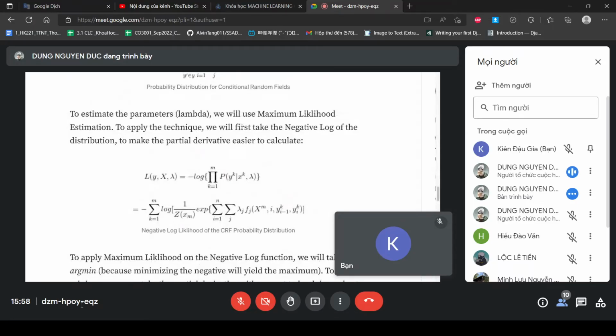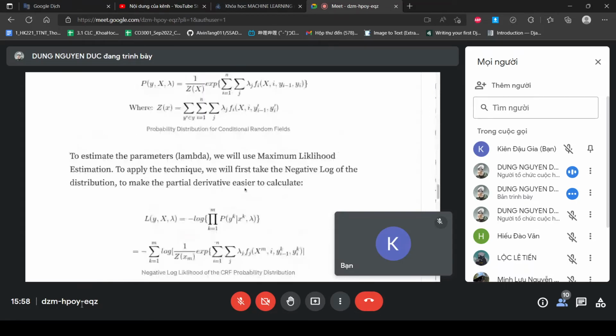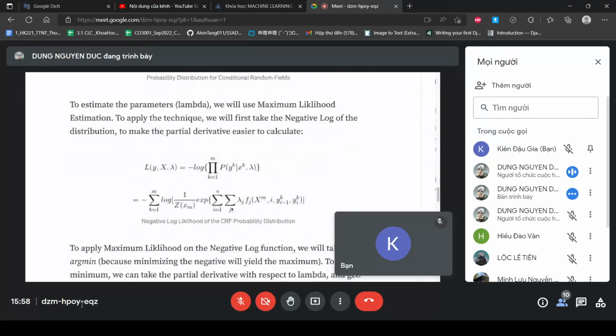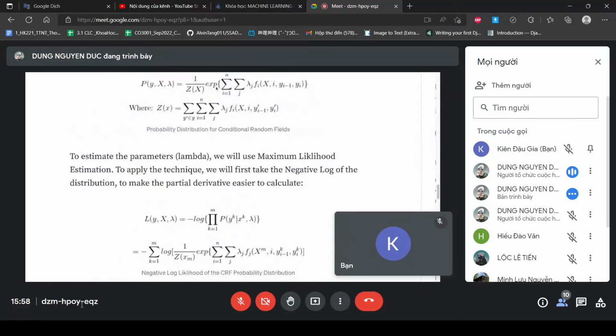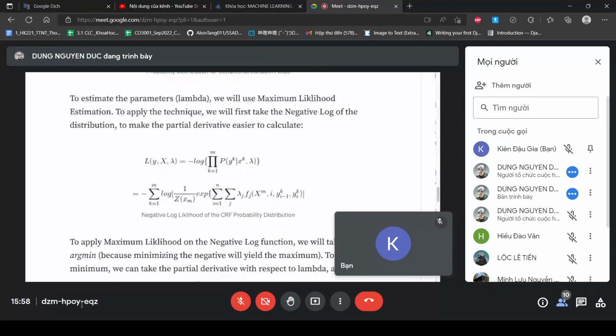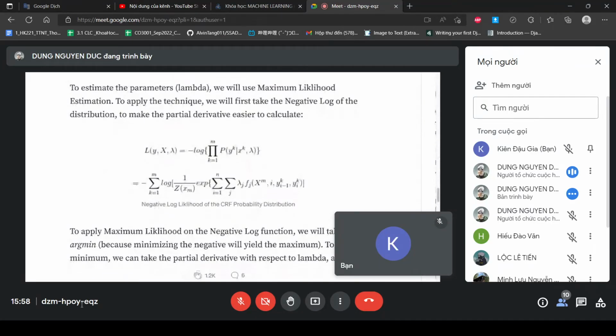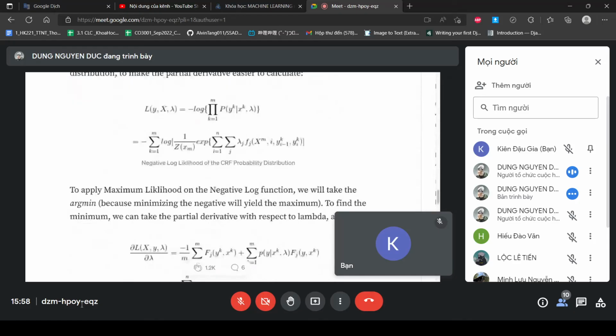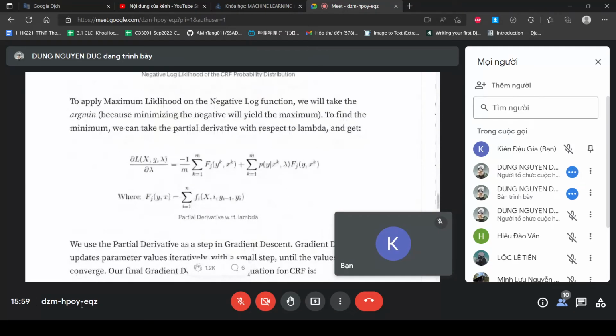To apply this technique, you will use the negative log likelihood, and this L is the function you have to optimize. If you take the negative log likelihood like this and apply it to the formula, you can easily discard the exponential function over there. But right now, let's keep that one.